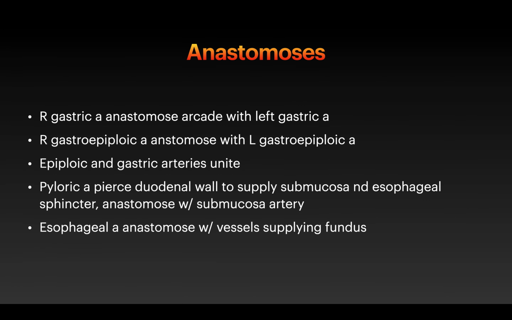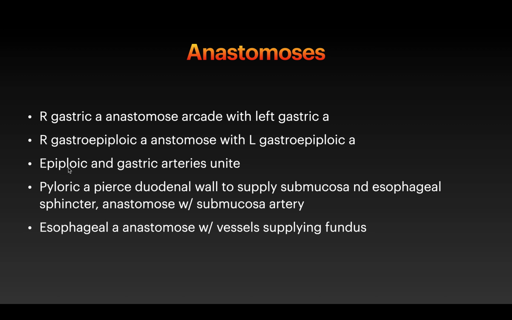So the stomach is very well vascularized because there's a lot of anastomosis. The right gastric will anastomose with the left gastric arteries, and that makes an arcade. The right gastroepiploic will anastomose with the left gastroepiploic artery.